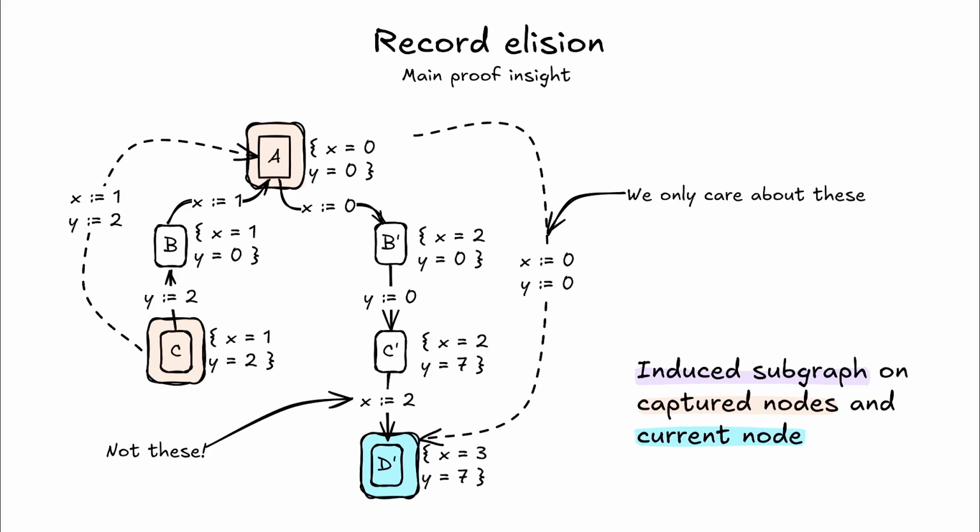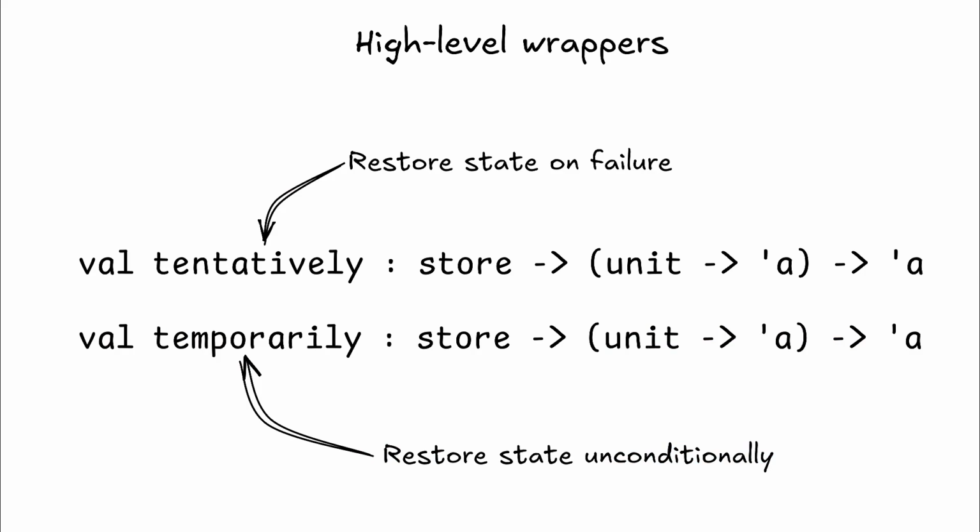And we don't actually care about the intermediate nodes. And in the proof, we are going to be able to say that, OK, as long as we preserve the right semantics for those arrows between the captured and the current nodes, then we can change a little bit the semantics of the inner nodes, and it's not going to impact anything.